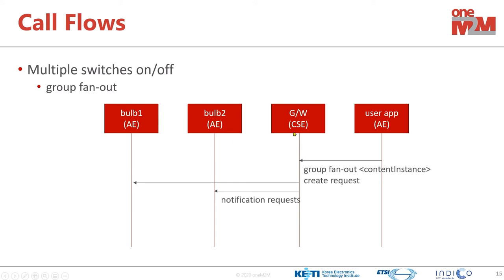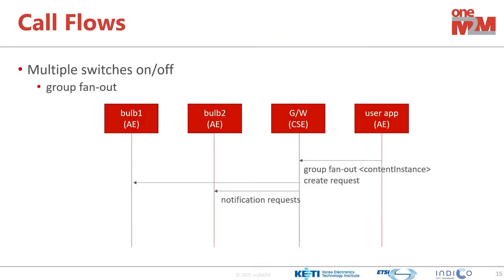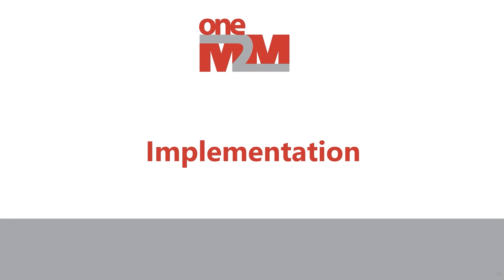The CSE creates the resources, and since they are subscribing to those events, the CSE sends two notifications, one for bulb 1 and the other one for bulb 2. So those are the scenarios that we are going to implement with Postman and the CSE, in our case Mobius.